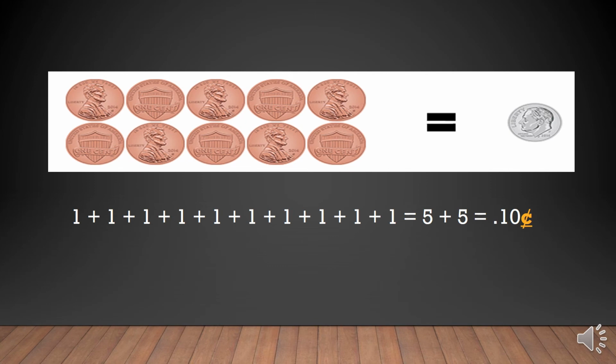That's the same as saying 1 plus 1 plus 1 plus 1 plus 1 plus 1 plus 1 plus 1 plus 1 and one more. That would equal 10, the same as saying 5 plus 5 equals 10. So 10 pennies equals a dime and 2 nickels equal a dime.